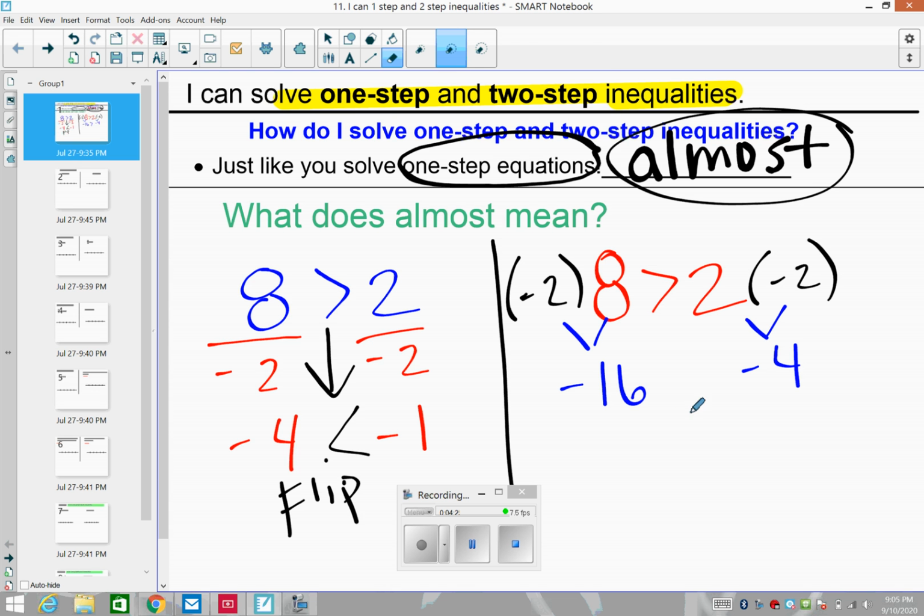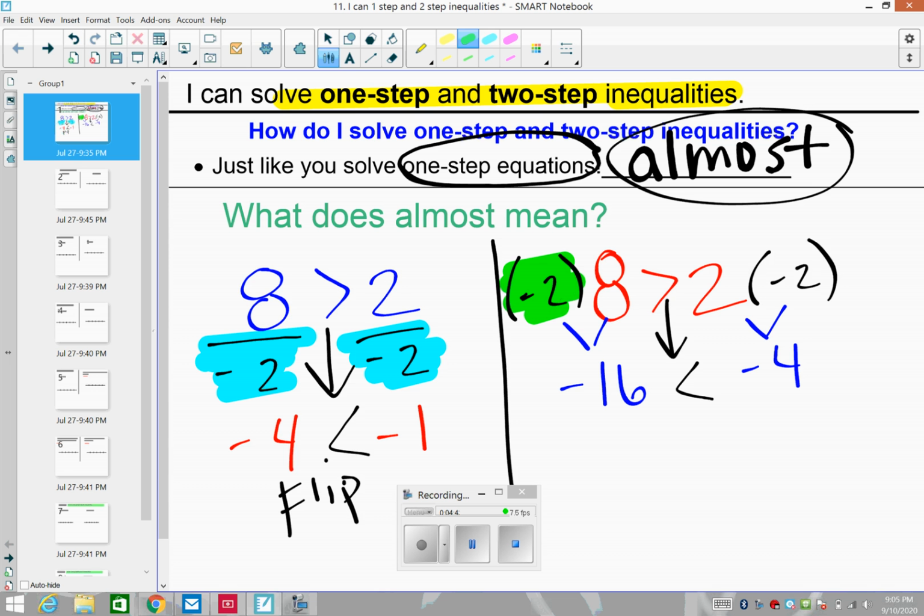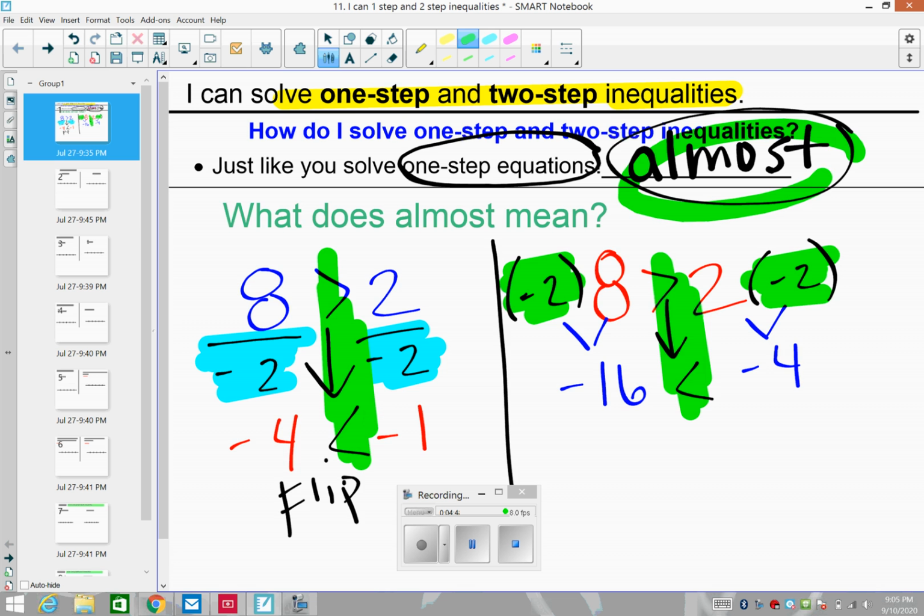No. Not true. So again, this is a scenario where the sign flips. If at any point you divide both sides by a negative, or you multiply both sides by a negative, you have to flip the sign. That's what we mean by almost.